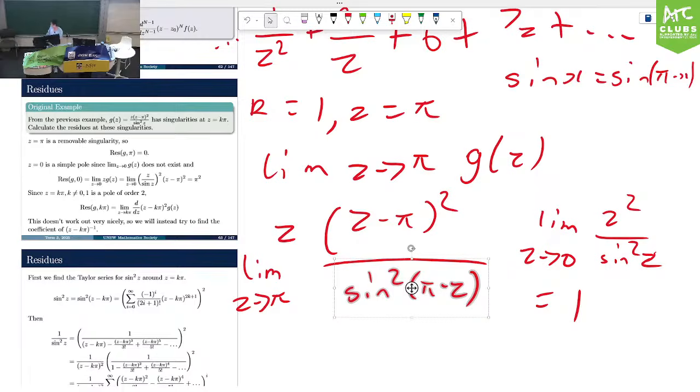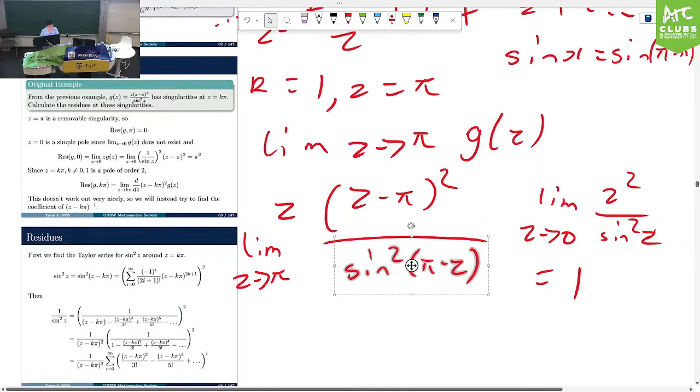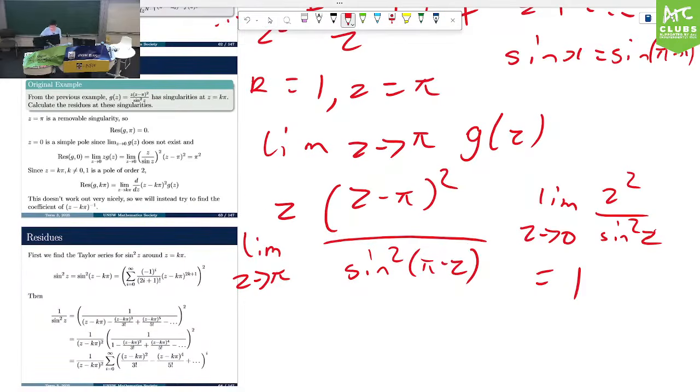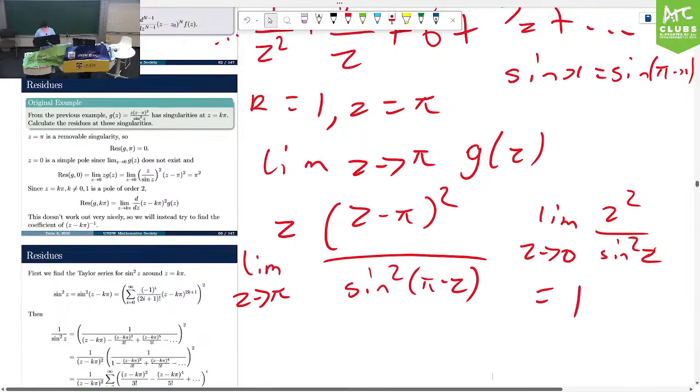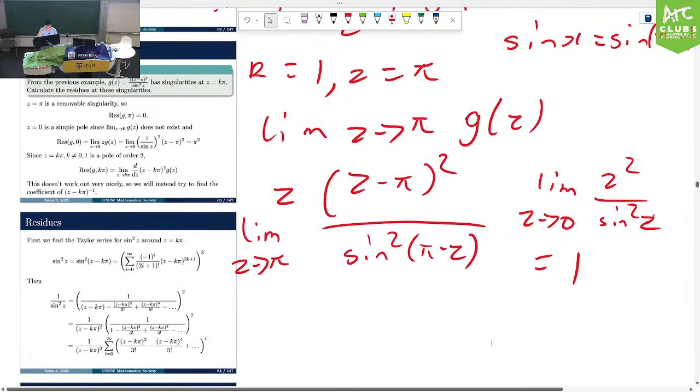Oh wait, I'm kind of tripping. One way to see is, I don't know if I messed up the algebra here, but just sub in z equals pi minus 0.0001 or something. The limit will exist. I'm just too cooked to see this.